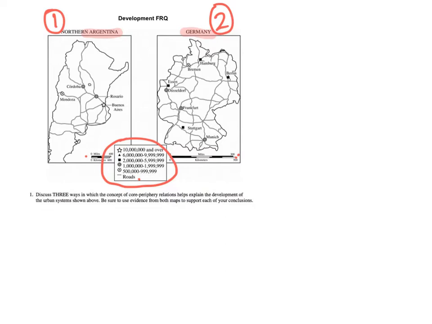The key tells me that I need to somehow incorporate population centers or city development. The roads tell me that the roads are going to have to play an integral role. Okay, so every piece of information that you are provided, you need to realize that that needs to be part of your answer. Okay, so now I'm going to get to the question.